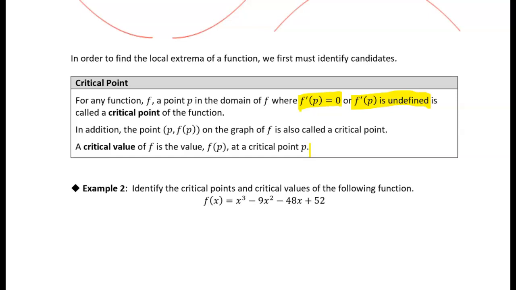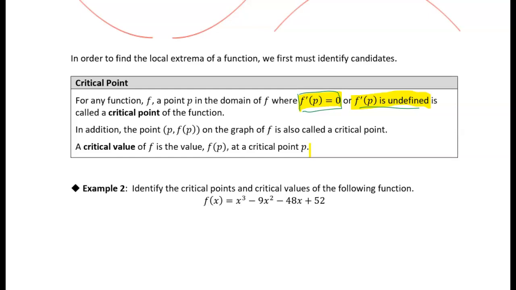So the second criteria really won't, for the problems we're going to run into, we're not going to really be too worried about where it's undefined, but that's an important thing to remember. So basically it comes down to, if we find where the derivative is 0, and those would be our critical points of the function.